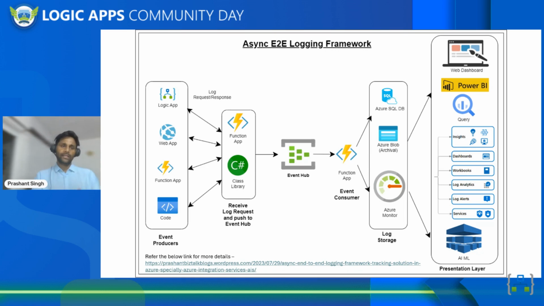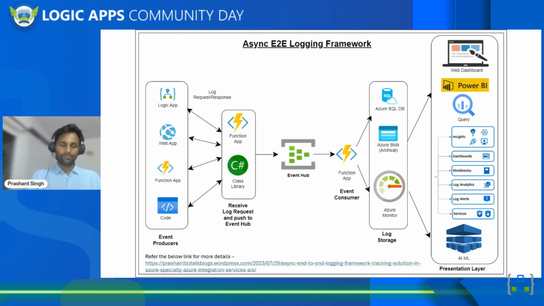All these events are getting into event hubs, because it allows millions of records to come inside and then publish to the subscriber. So therefore, we are using event hubs here. And either your logic apps event producer should be directly able to push events into event hub, or via function apps, or any class libraries, they can push messages into event hub.